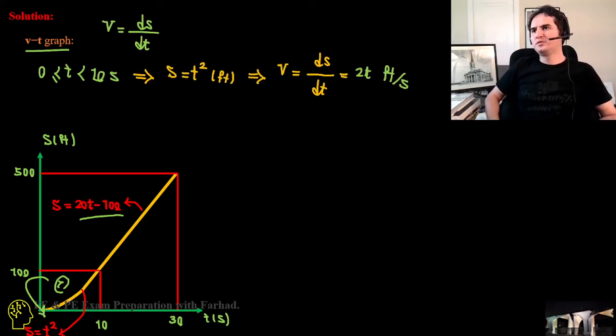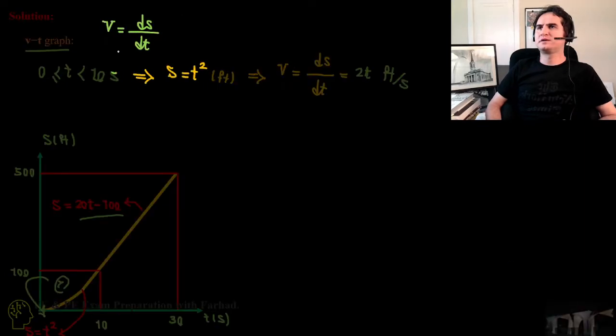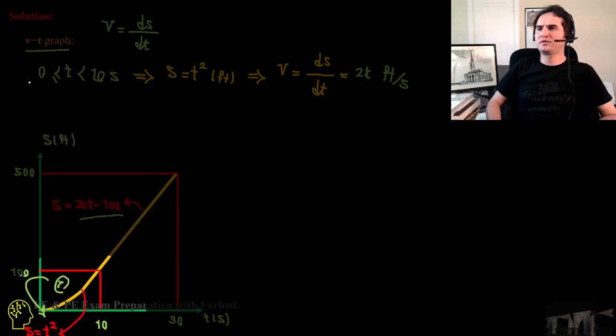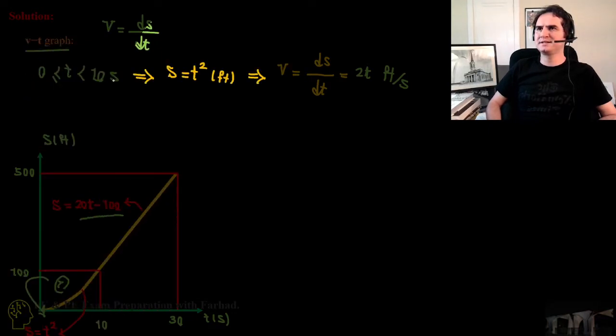So as we know, velocity is the derivative of displacement over time. For the first part of our graph, which is from 0 to 10 seconds, s is equal to t squared, and its unit is feet.